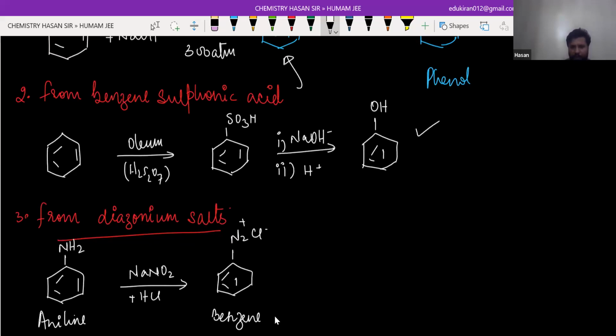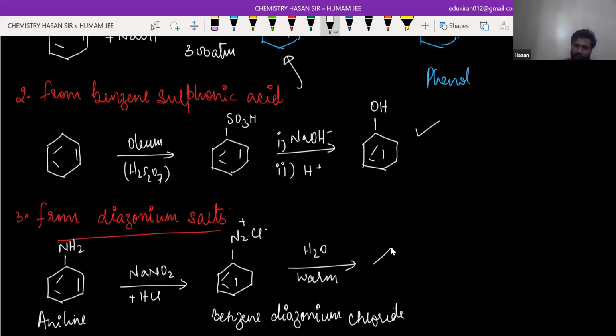After this, you are going to do the hydrolysis with warm water. This N2 plus Cl minus will be replaced by OH with the evolution of N2 gas, and HCl as well. Water has two parts, OH minus and H plus.